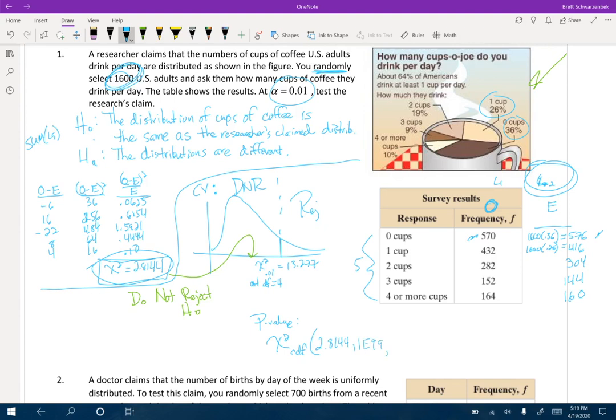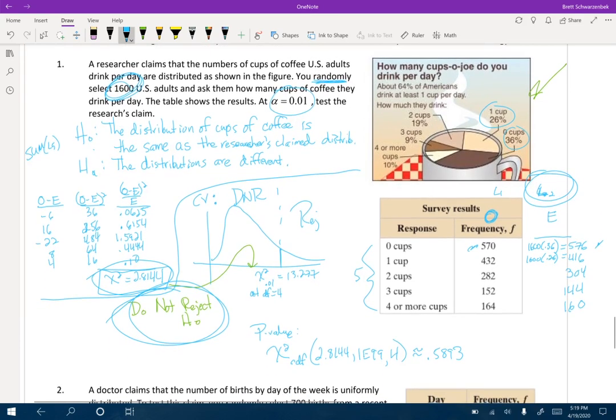We get 0.5893, which is a gigantic p-value, not even close to rejection. So again, it leads us right back to do not reject H naught. So this is a typical chi-square goodness of fit test. It worked out pretty well in terms of all the calculations.